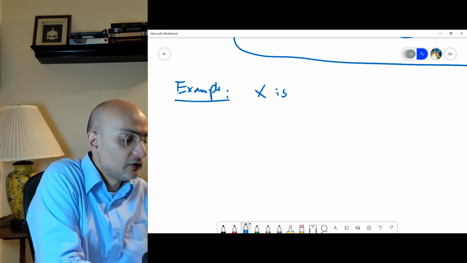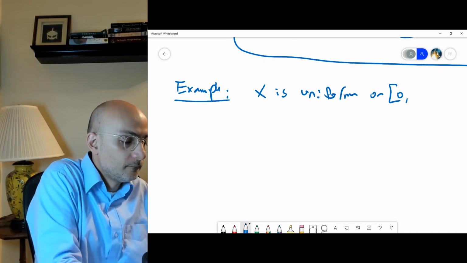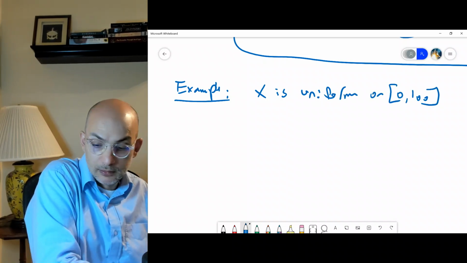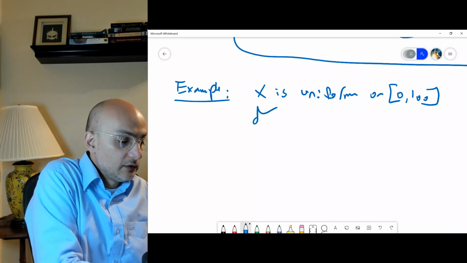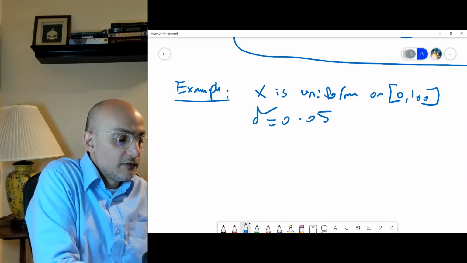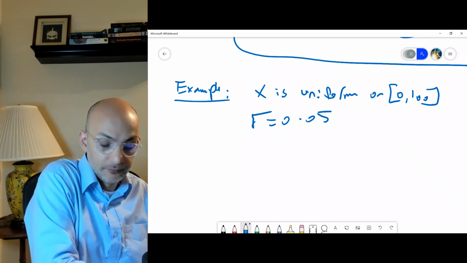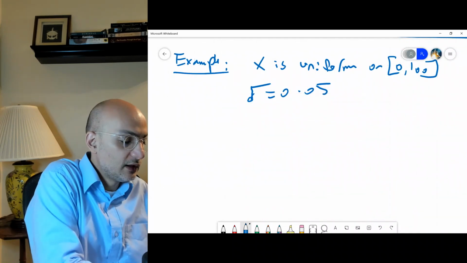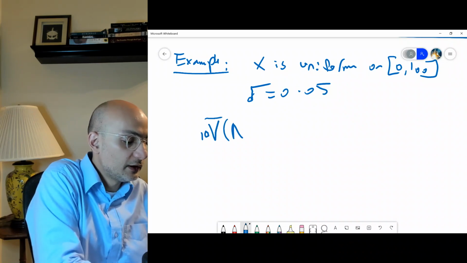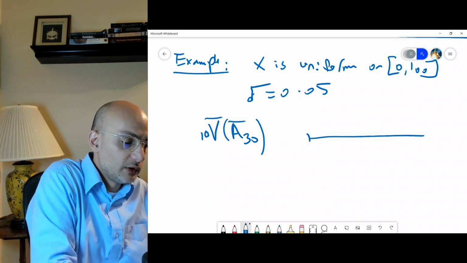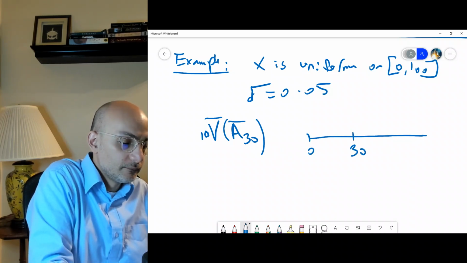X is uniform on 0 to 100, delta is 5%, the force of interest is 5%, and the question tells us to find the 10th-year reserve, continuous, for A_30 continuous, on 0, 30, 40.